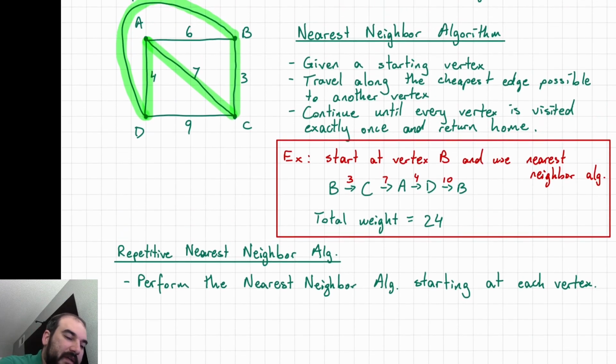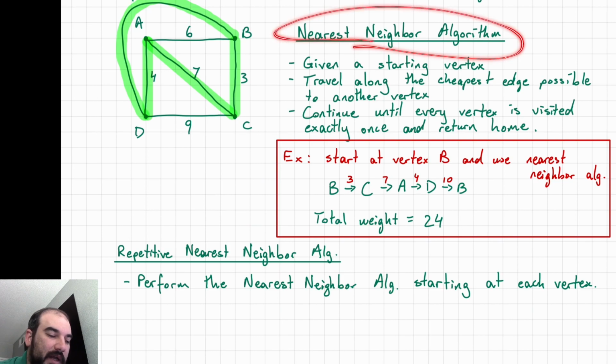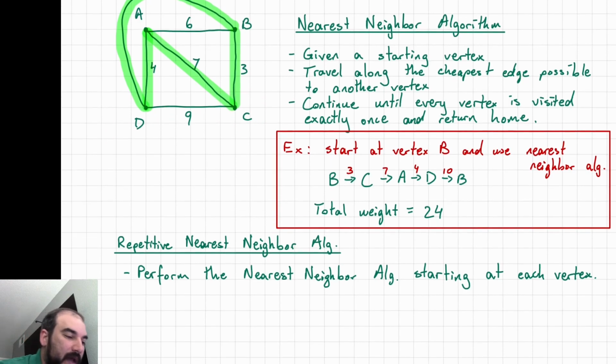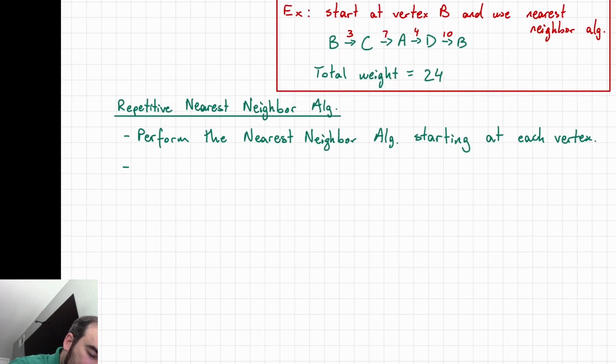We already did the example where it said to start at B, but if the question instead said to do the repetitive nearest neighbor algorithm, we would do the nearest neighbor algorithm starting at A, and then again starting at B, again starting at C, and again starting at D, and then choose the Hamiltonian circuit with the lowest total weight.